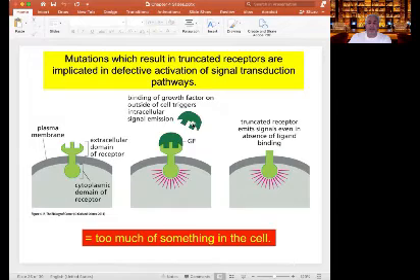What we're discovering is that if, for some reason, the ligand binding domain is missing because of translocations, then in some cases, the protein escapes quality control standards inside the endoplasmic reticulum, and it makes its way to the surface.